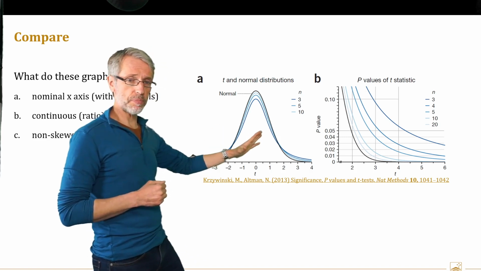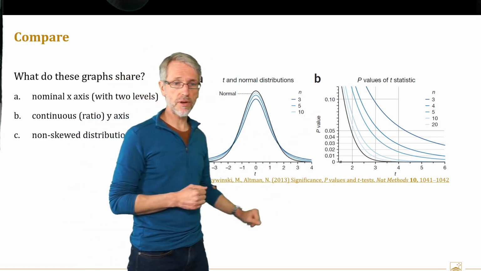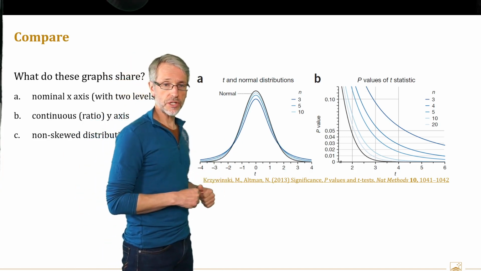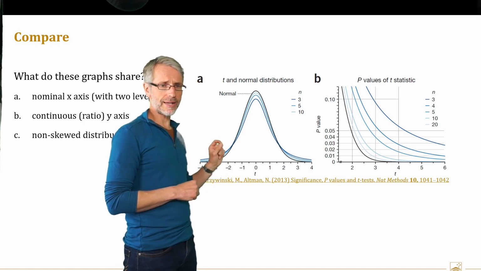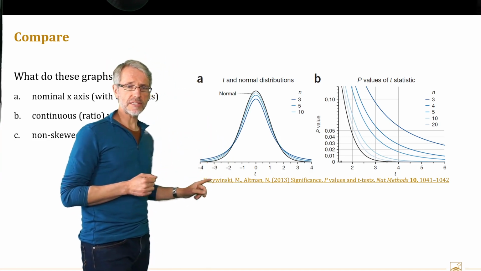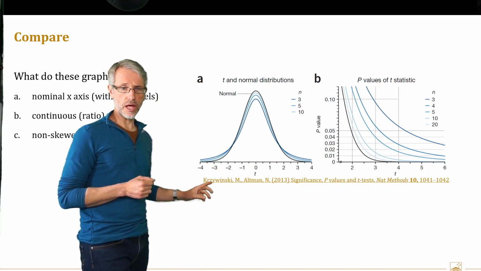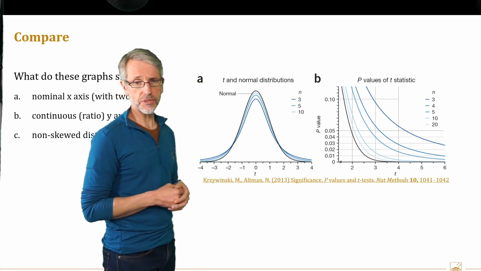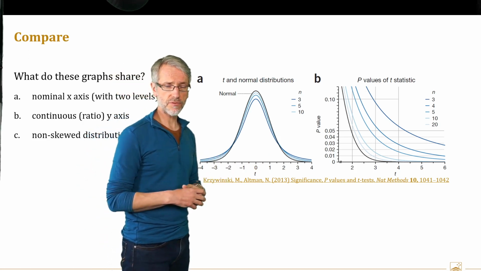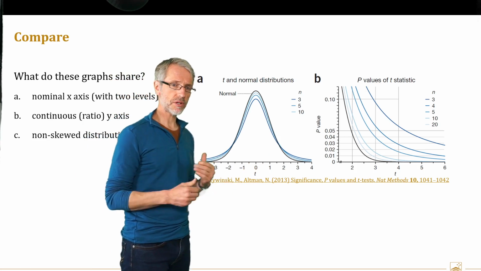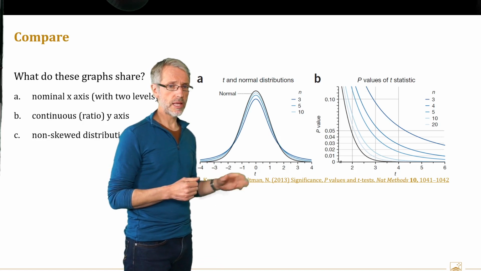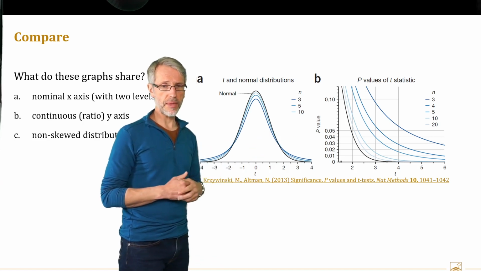And you can see that represented over here in this graph from this excellent paper that comes from Nature Methods. If you are at all uncertain about some of this content, this is the paper to have a look at online: Significance, p-values and t-tests in Nature Methods. It's free to access for everyone and it covers the content that you need to understand pretty well. And these two graphs are drawn from that paper.